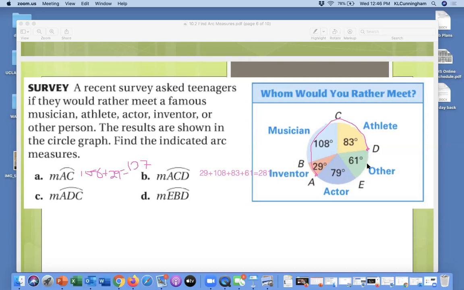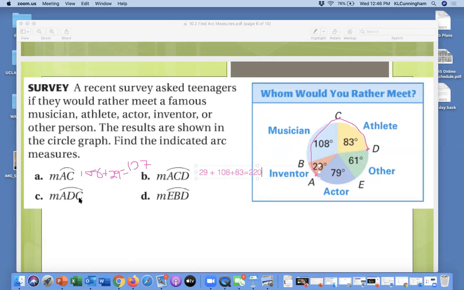I guess I just got excited and wanted to add 61, which should not be included in here. So let me just erase that. I'm glad I did a double check here. You guys would have been emailing me. 29 plus 108 plus 83 would give me 220.